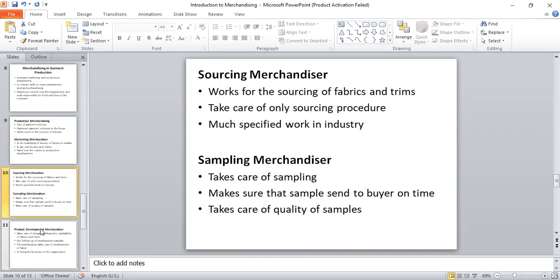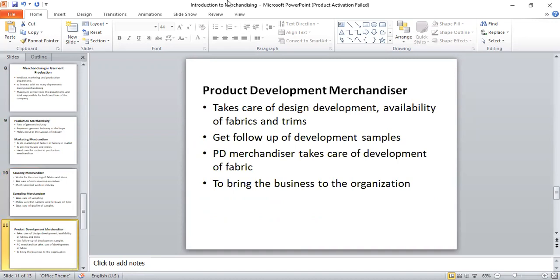The next one is product development merchandiser. Some organizations have an in-house design studio or a design development department. The exporter develops designs seasonally. These designs need to be developed in the form of samples and presented to the buyer.